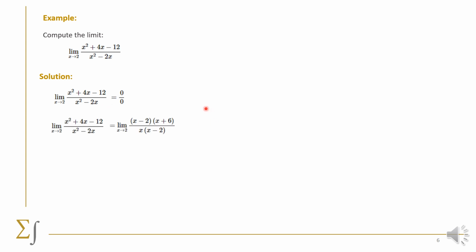So we factor this. In the numerator, we have x minus 2 multiplied by x plus 6. In the denominator, we take x as a common factor, and here we can cancel the like terms, which is x minus 2. In fact, these are the 0 factors, so we need to cancel them, and we get the limit as x goes to 2 of x plus 6 over x, and we plug in the 2 for x, so we get the answer to be 4.